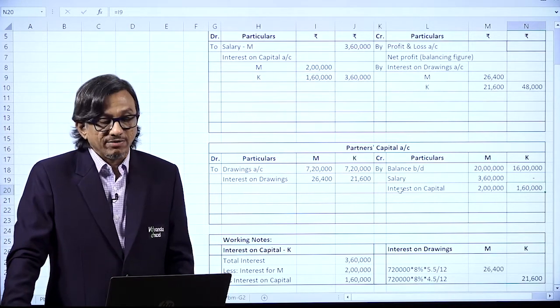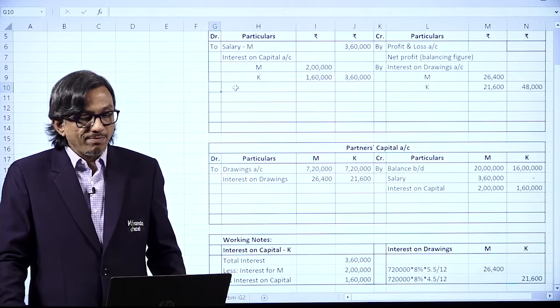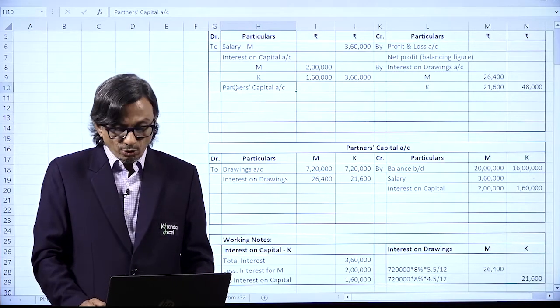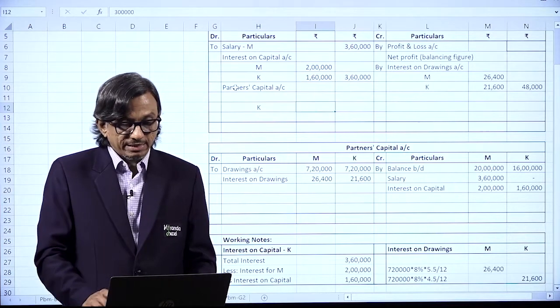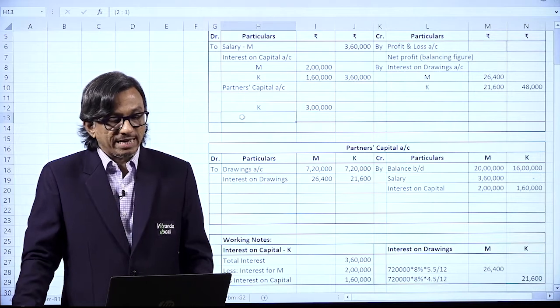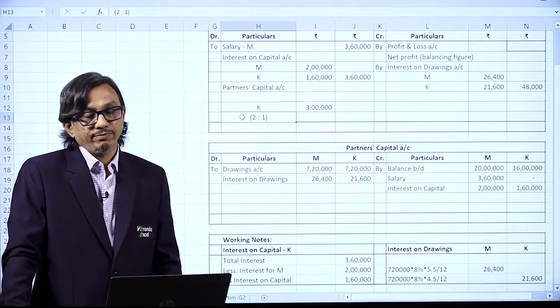Profit share is given in the question. So what is the profit share? For one partner it is given. For M we do not know, but for K it is given in the question, that is 3 lakh rupees. But what is K's share? K's share is 1/3.